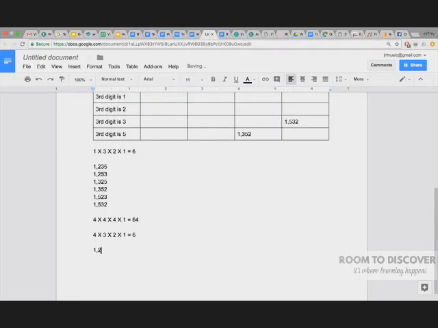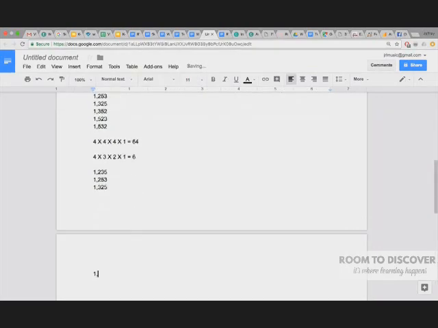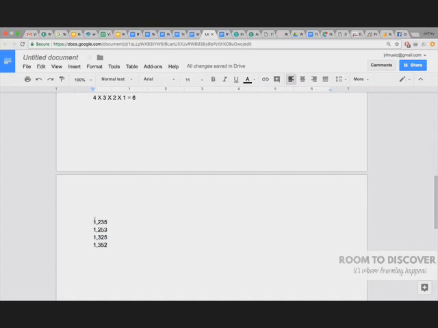1, 2, 3, 5, 1, 2, 5, 3, 1, 3, 2, 5, 1, 3, 5, 2. Right, so as a sample, these are our options where we have 1 in the first digit, but only one of these ends in 2.